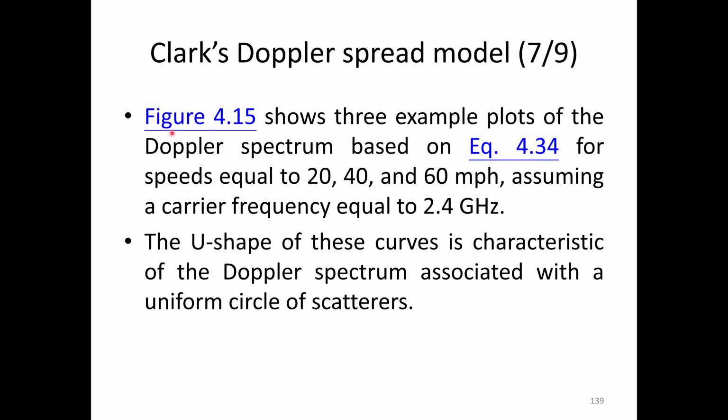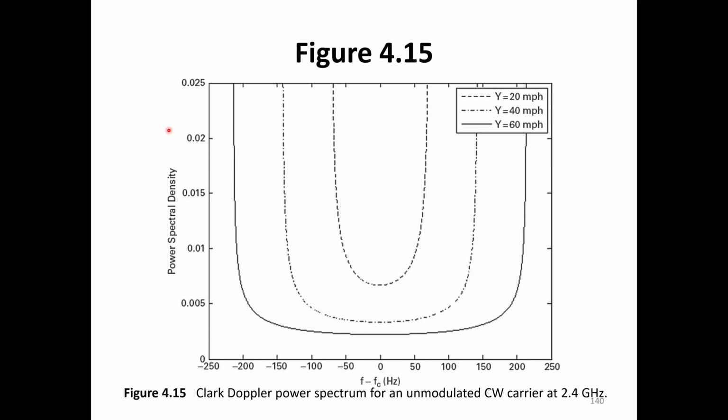Let us see figure 4.15. In figure 4.15, it is the Clarke Doppler power spectrum for an unmodulated CW carrier at 2.4 gigahertz. Here CW means continuous wave.